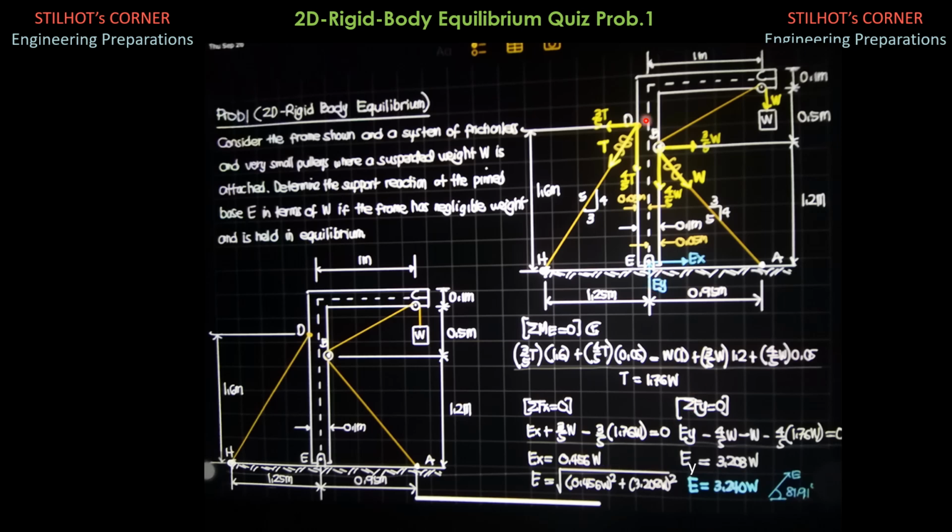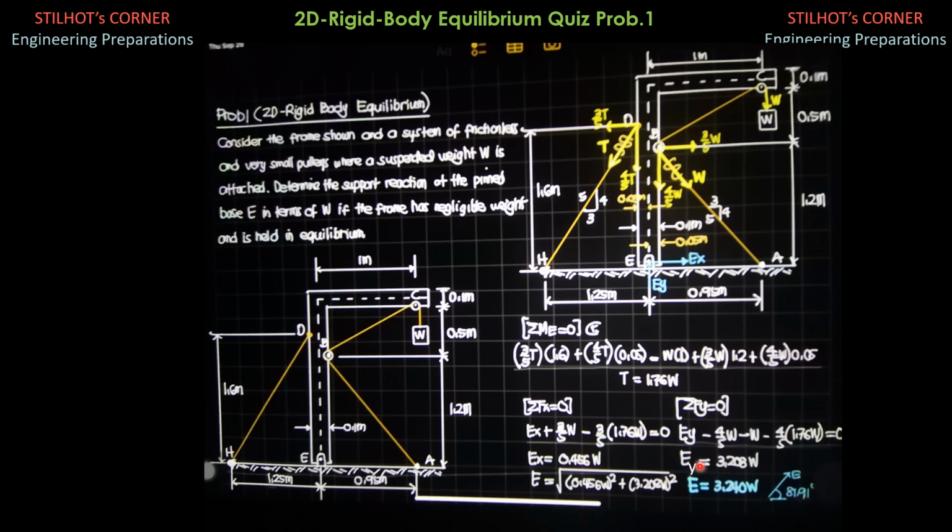Likewise, summation forces Y equals 0. So we have EY plus 4/5 of W, minus W, minus 4/5 of T, and T is 1.76 W, equals 0.